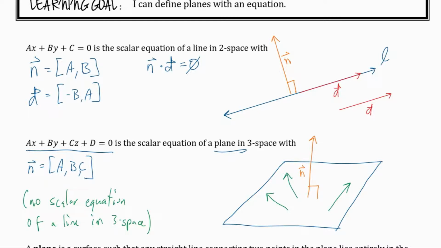So that's really important. And it turns out that the normal of a plane tells us more about the plane than anything else. It's actually the most important algebraic property that we can have about the plane, because you can have an infinite number of direction vectors. Take a look.